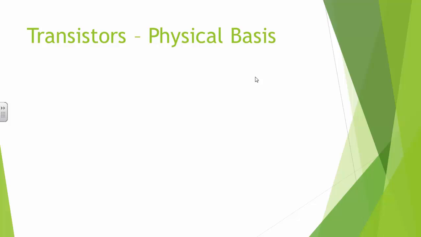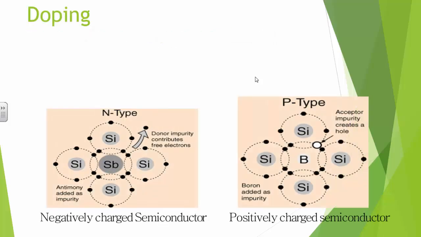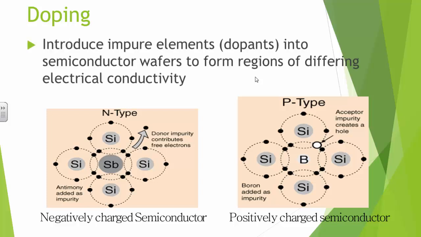Okay, so what was the physical basis for this shocking device? Well, first we have to know a little bit about doping, not the athletic doping, but rather semiconductors in which we introduce impure elements into a semiconductor wafer, and that gives us a region of differing electrical conductivity.